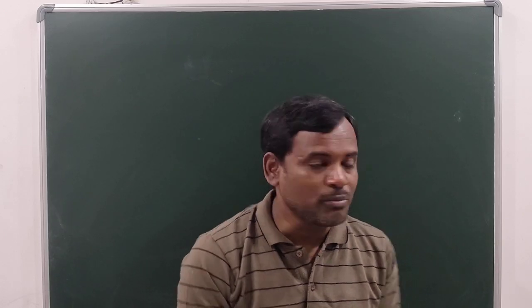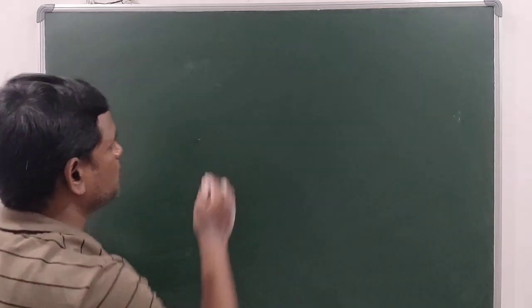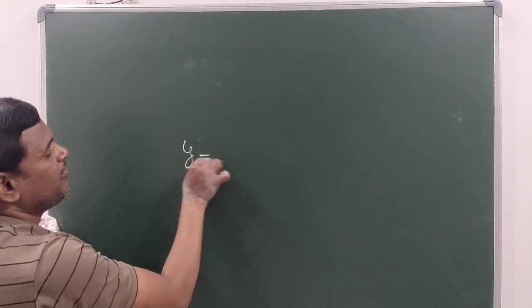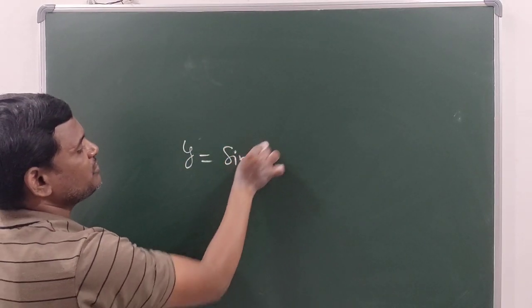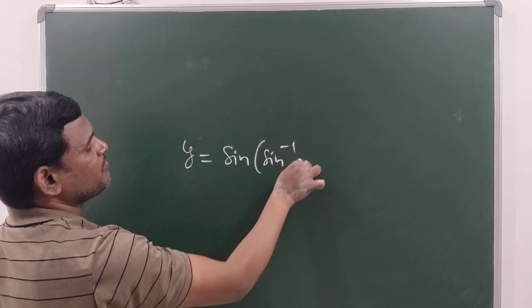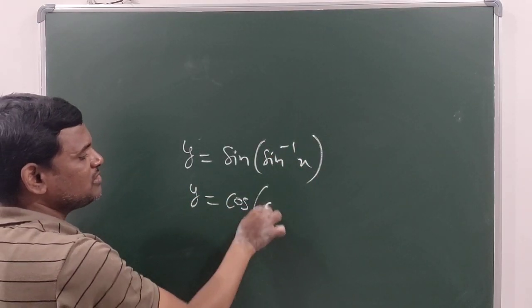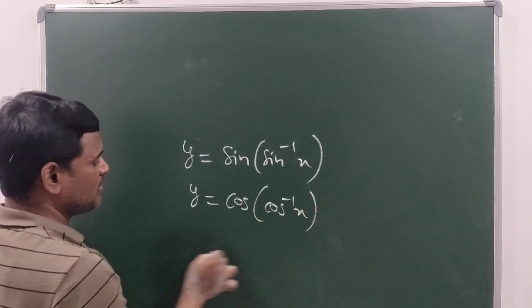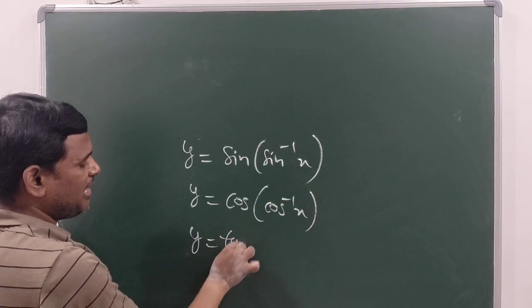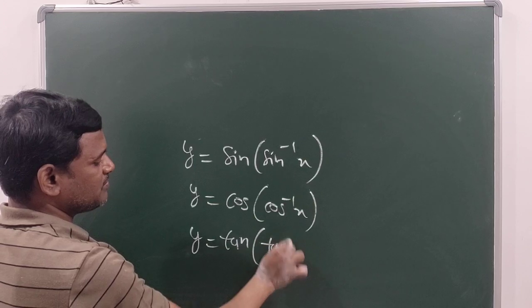Now, one more kind of function will come. Observe those functions. See here, y equal to sin of sin inverse of x, y equal to cos of cos inverse of x, y equal to tan of tan inverse of x.